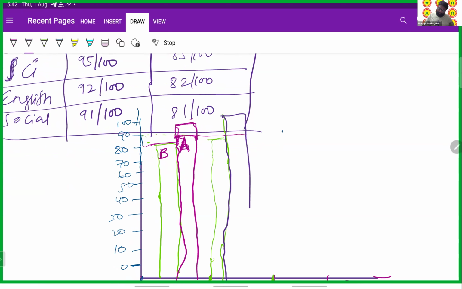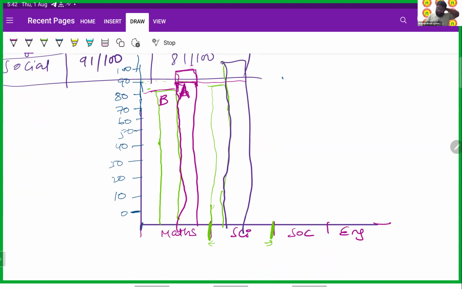And you should see here, the two lines should be attached to each other. Any confusion here, students? No, sir. So this is how you draw the graph. This is how you represent student marks through a bar diagram.